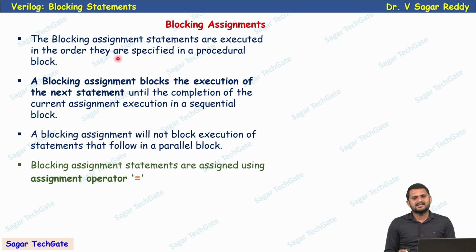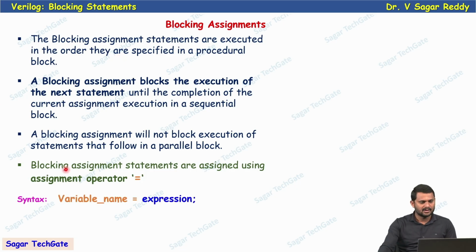Blocking assignment statements are assigned using the equals operator. Now see the simple syntax: variable name, equals, and expression. Clear? See this example: A is equal to C plus D. What is the meaning here? It evaluates this expression by reading the C and D values and assigns the result to A. Until this assignment completes, it blocks the remaining statements written after this.